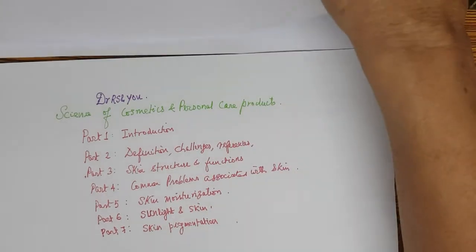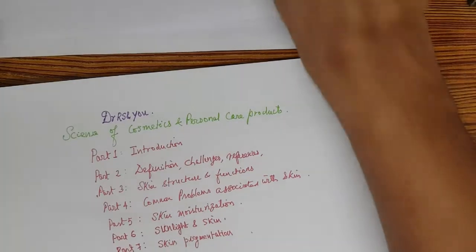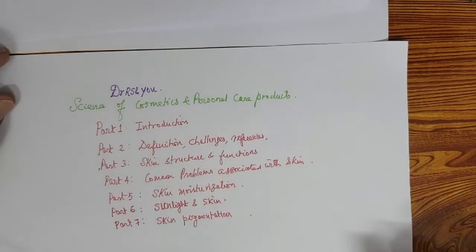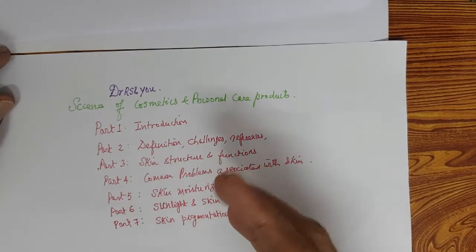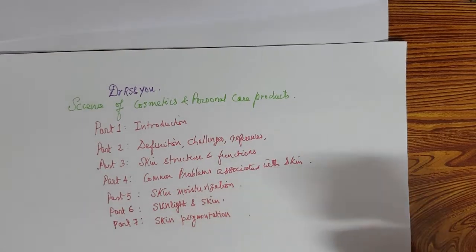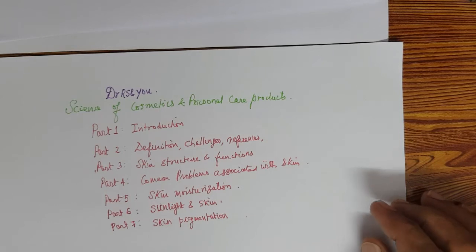Before that, as I say on every slide, see part 1, the introduction. Before going to this, I have explained what the program is about and what we intend to do in these videos, and I have also introduced myself in the introduction program.